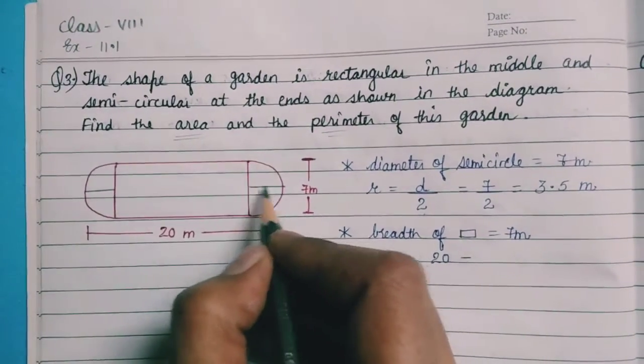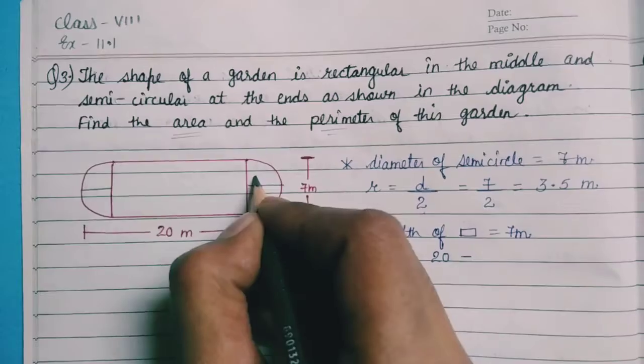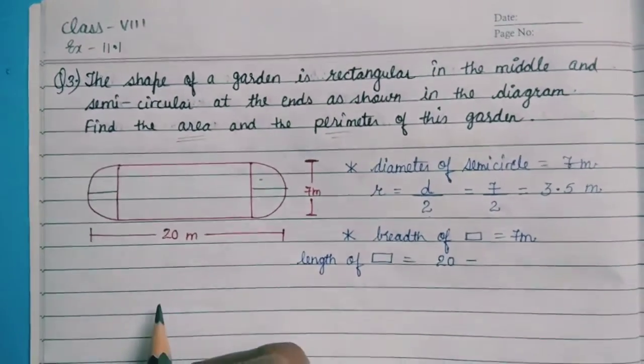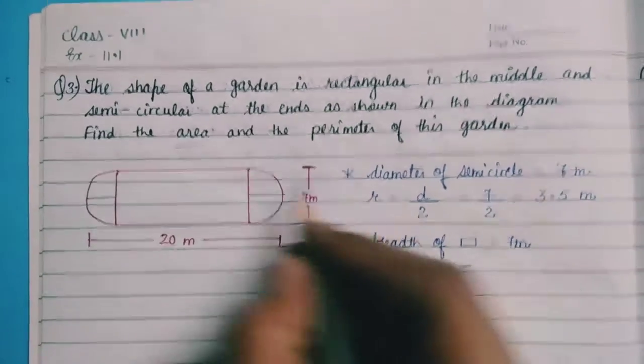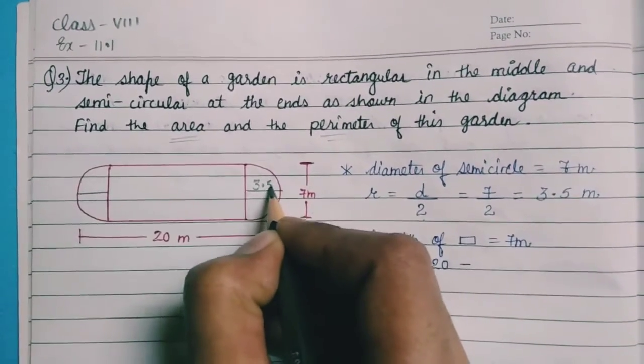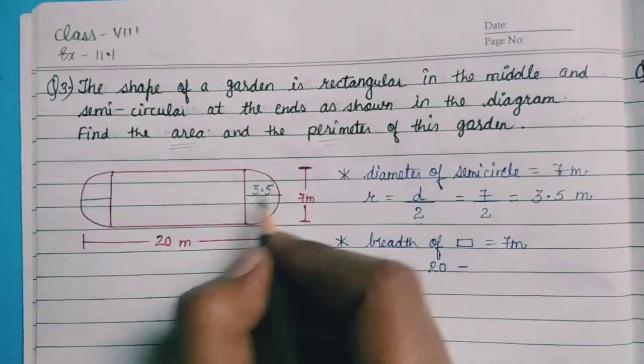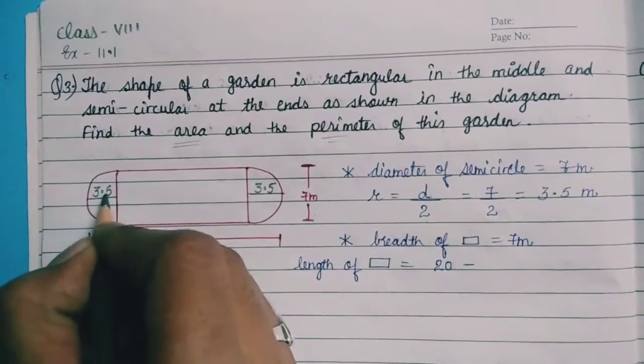Here this line is denoting the radius of the semicircle, and we already took the radius which is 3.5. It means 3.5 here, 3.5 here.